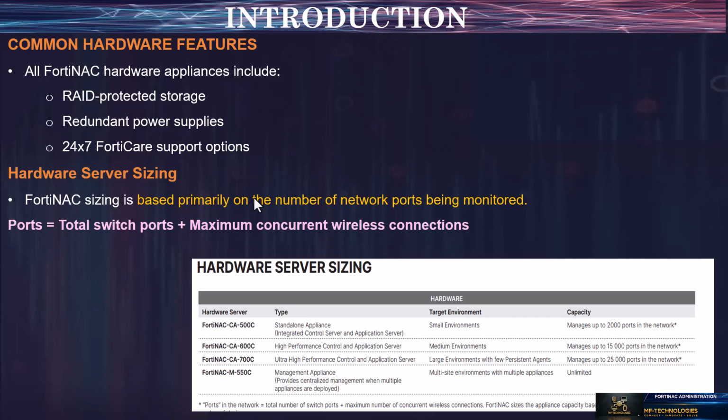They also include redundant power supplies, allowing the appliance to continue operating even if one power supply fails. Another important benefit is access to FortiCare support services, which provide technical assistance, software updates, and hardware replacement options depending on the support contract.